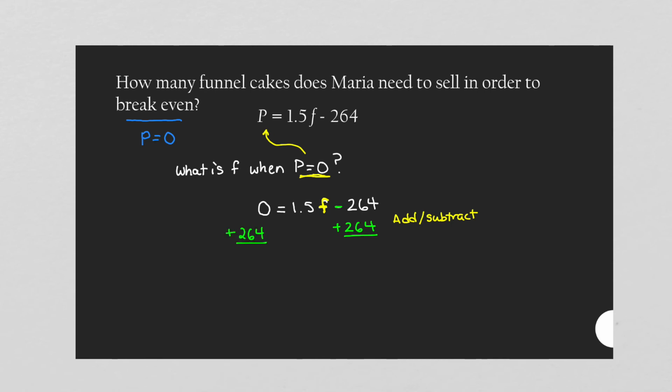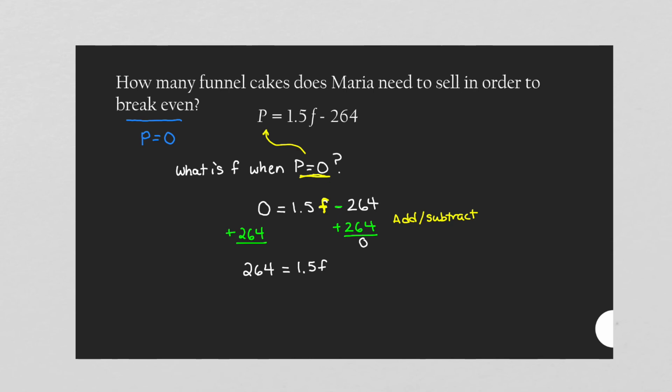On the left side, we have 0 plus 264, which yields 264. And on the right side, we have 1.5 times F plus 0, but that's just 1.5 times F. Great work so far. We're almost done.